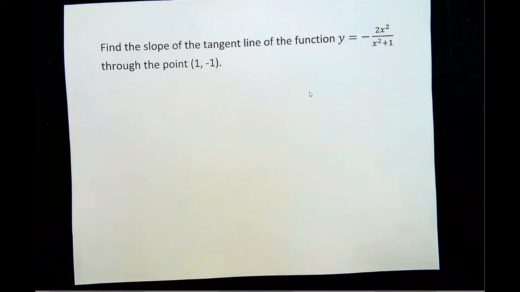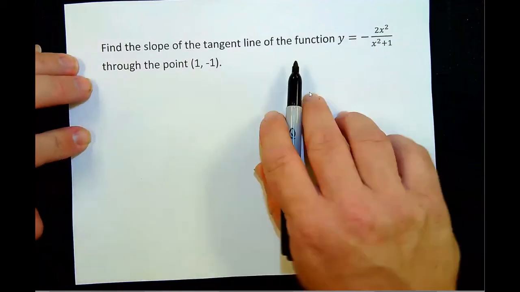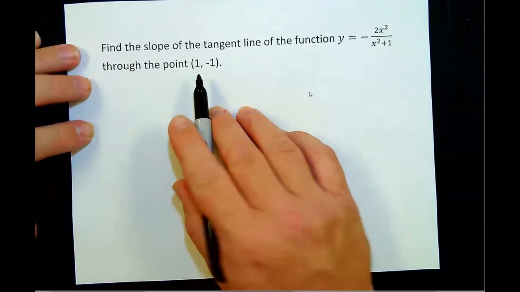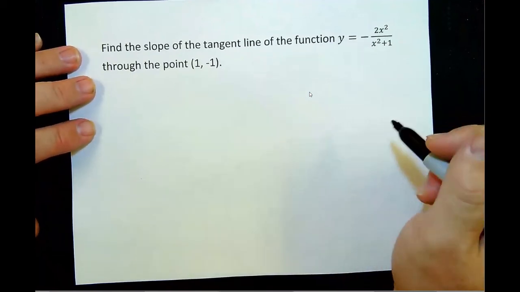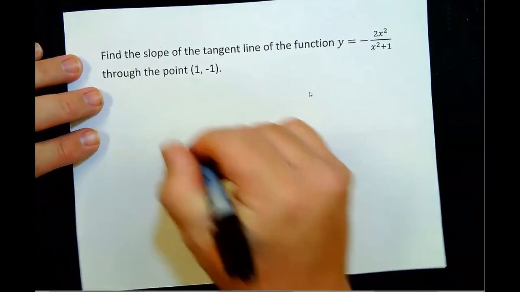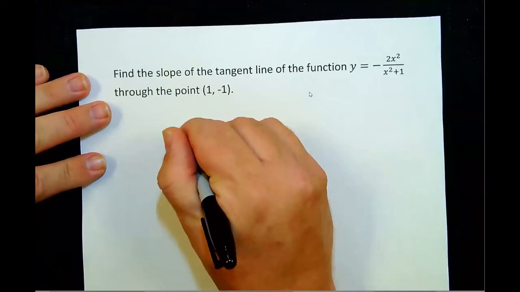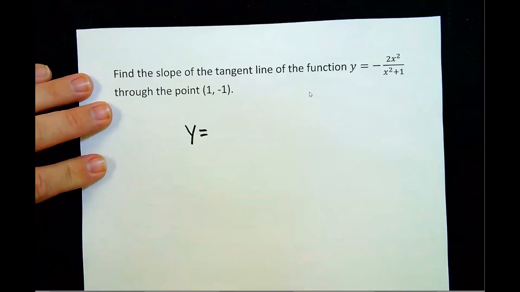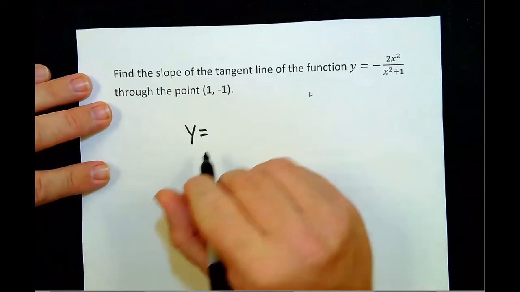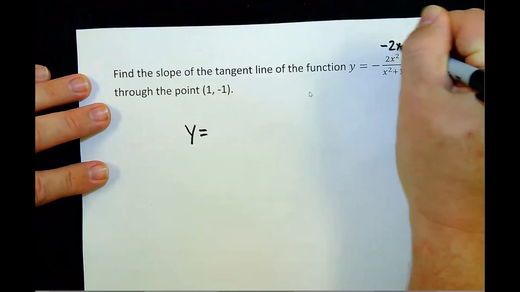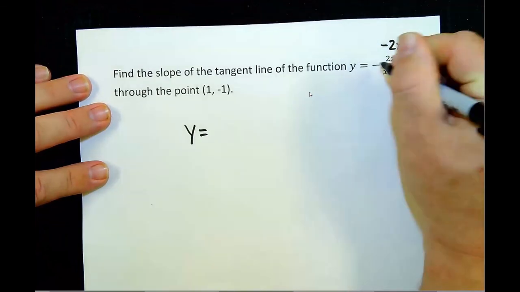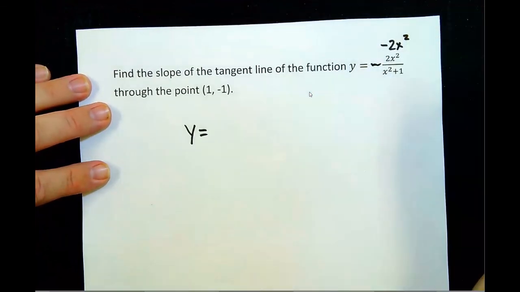All right, so find the slope of the tangent line to the function through the point. Not really even a chain rule problem. This is just a straight quotient rule problem. So quotient rule, I'm going to go ahead and put the negative with the 2x squared, just so I don't forget where it goes.